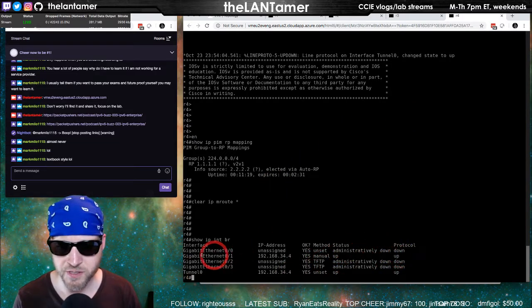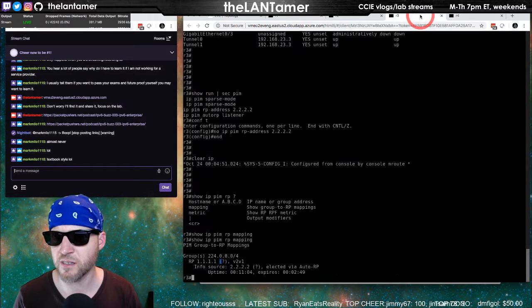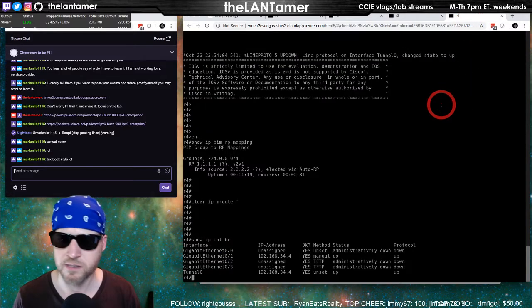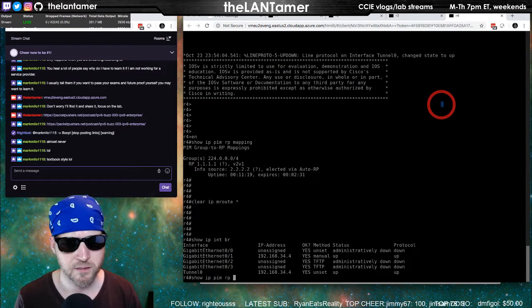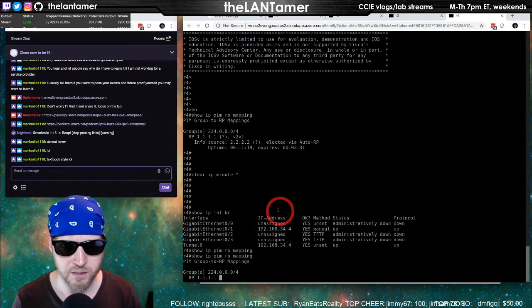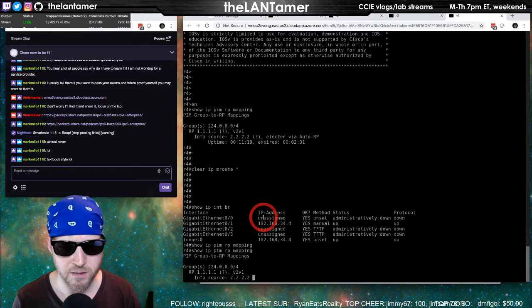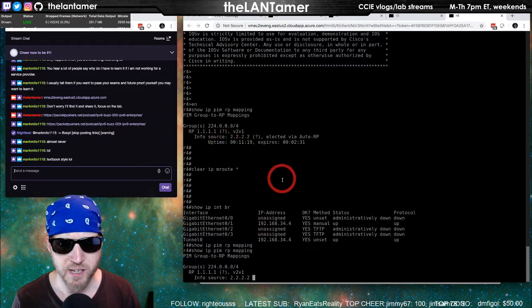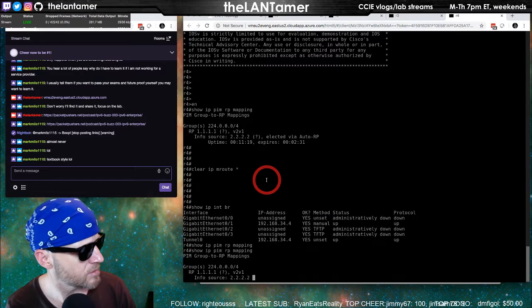Okay, all these interfaces are shut except that one. And there is a tunnel interface. That's fine. This should now be on a timer. Yeah, how does router 4 know?